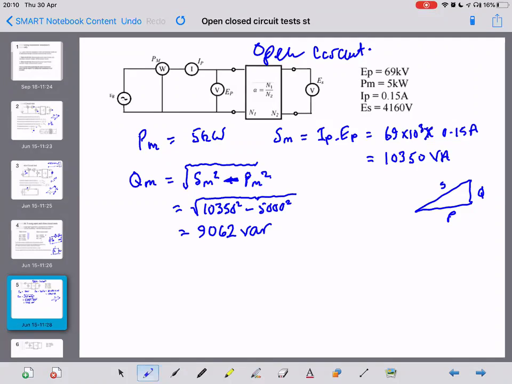Now we know that, we can find the value of RC, the resistor in parallel, from EP squared over PM.